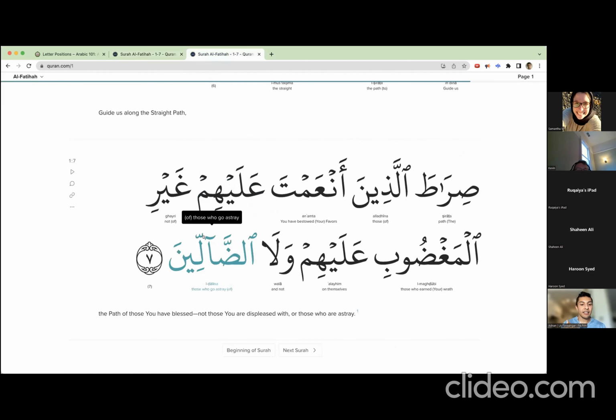Normally, grammatically, you would just have a regular alif. But in tajweed, when a long vowel precedes a shadda, that long vowel gets really extended, to really point out that extension.